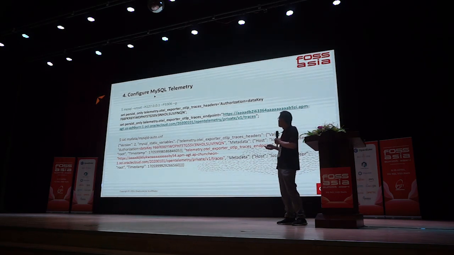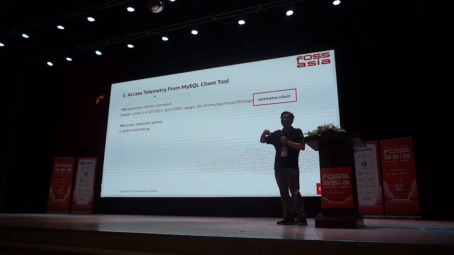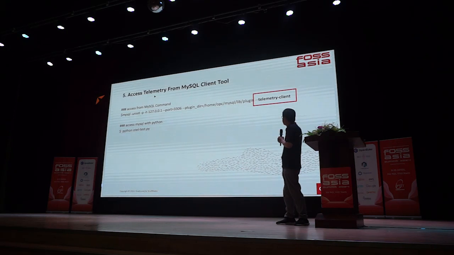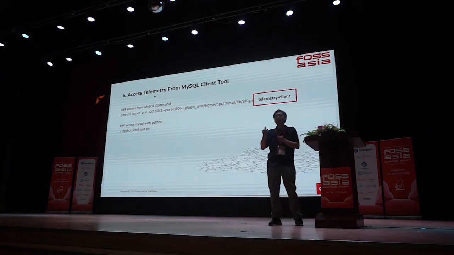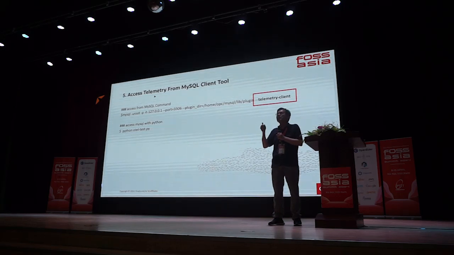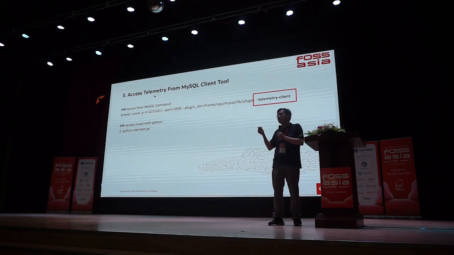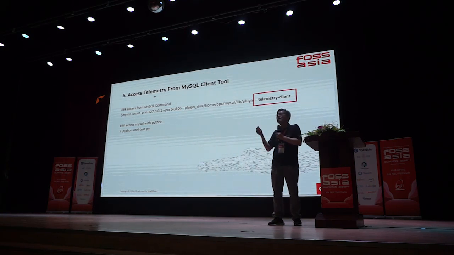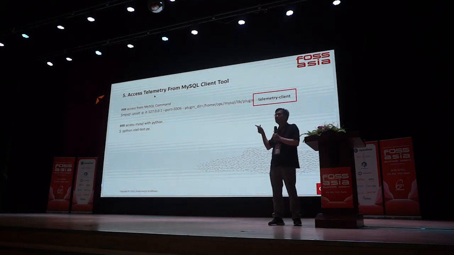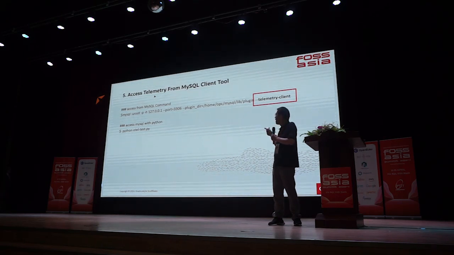You find the endpoint URL and then set up the endpoint in the database. When that is done, you can access the database with the MySQL command, specifying that it is a telemetry client. It will use the telemetry library to collect MySQL-related information, which includes session information and statements, and feed it back to the telemetry monitor service like APM.